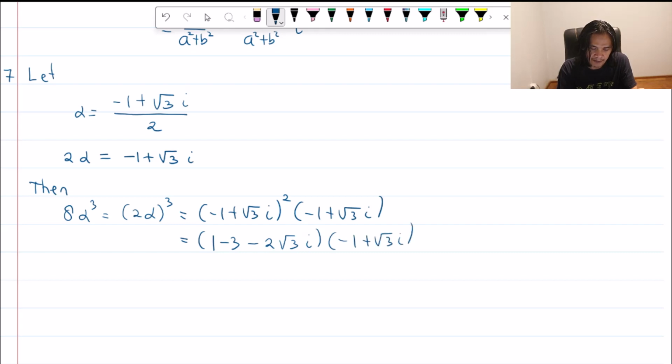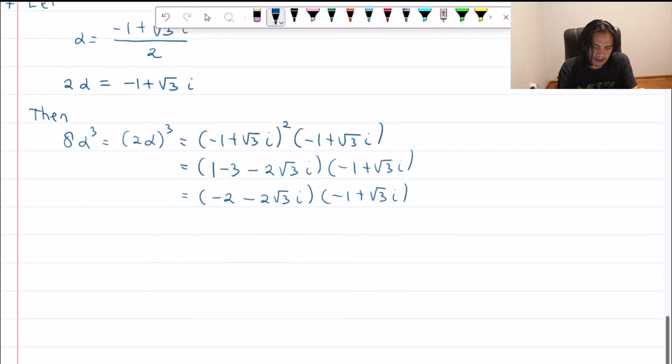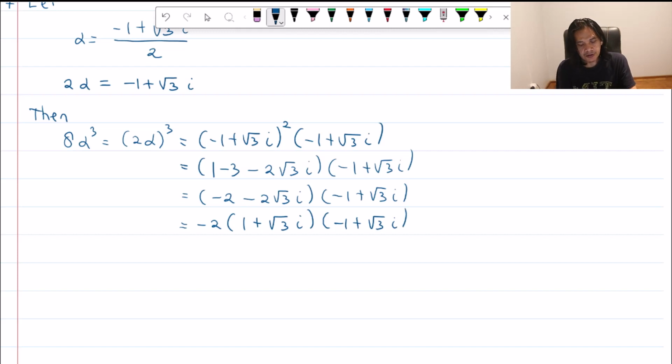So let's simplify. This is equal to -2 - 2√3i, times (-1 + √3i). So let's factor out the -2, giving -2(1 + √3i) times (-1 + √3i).